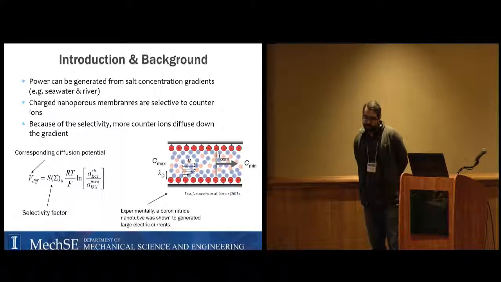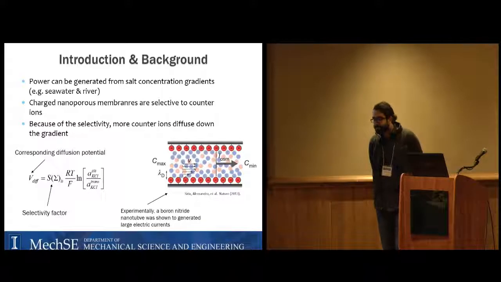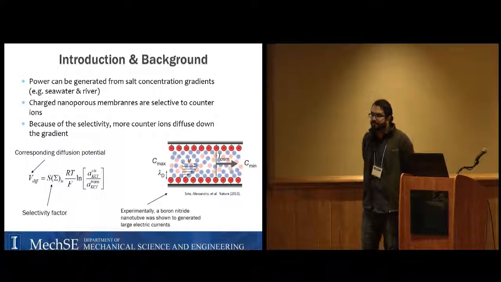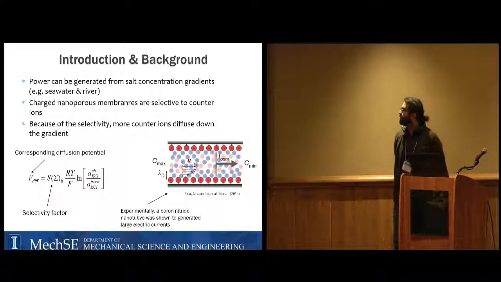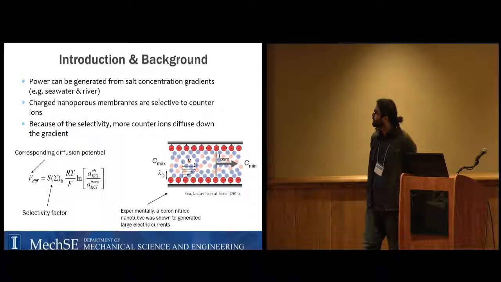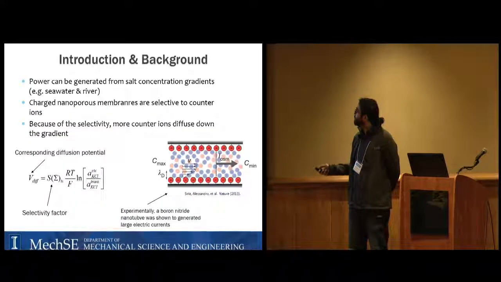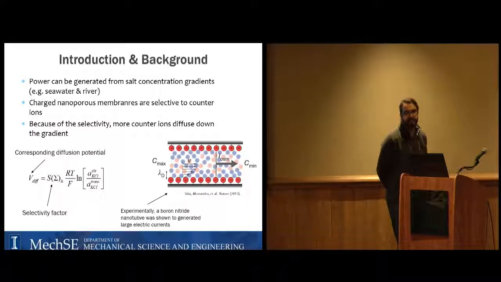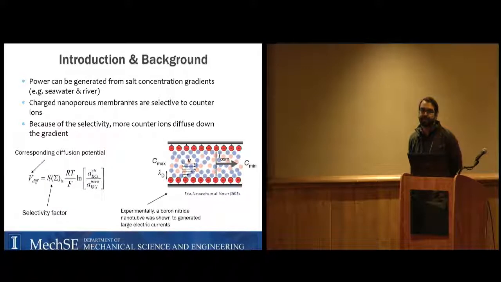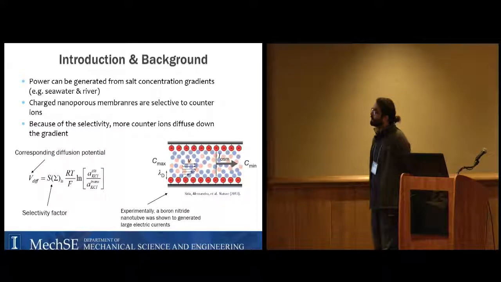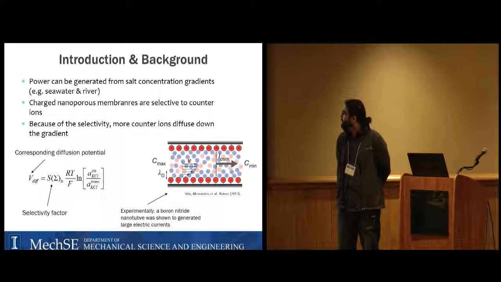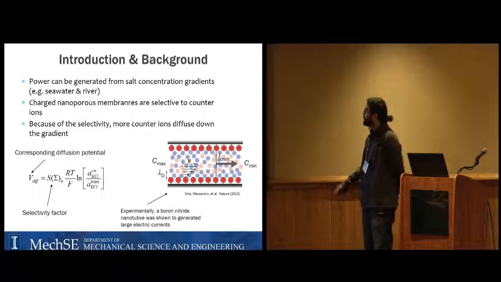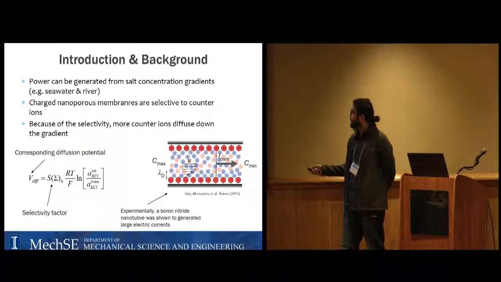If it's negatively charged, the cations will be absorbed to the surface of the nanopore, so it's more selective to the counter ions. Because of that selectivity, we have more counter ions diffusing down the gradient, and that results in a net current, and we can get electricity out of that.